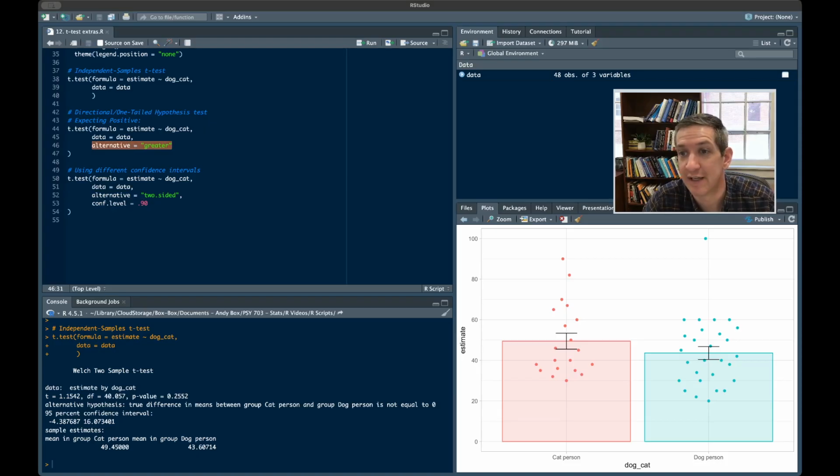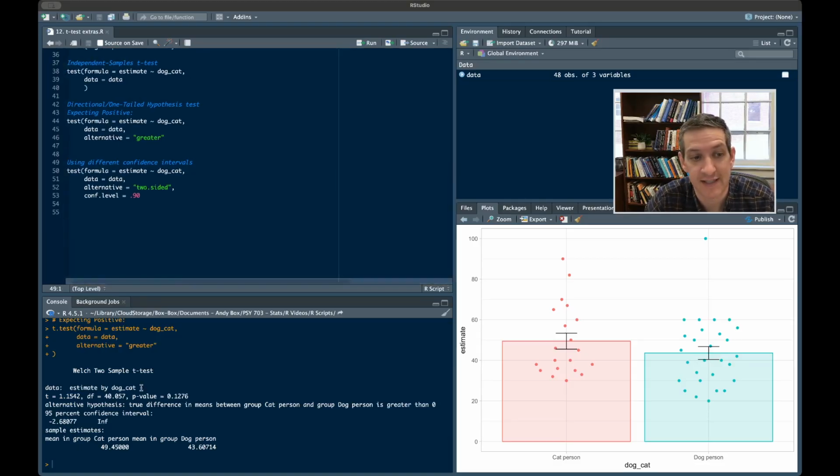And that would be telling R that we are running a one-tailed test, and specifically that we expect the cat group to be greater than the dog group. And so earlier when we ran this as a two-tailed test, the p-value was 0.255. And now when we run it as a one-tailed test, the p-value is half as large. It's 0.127.